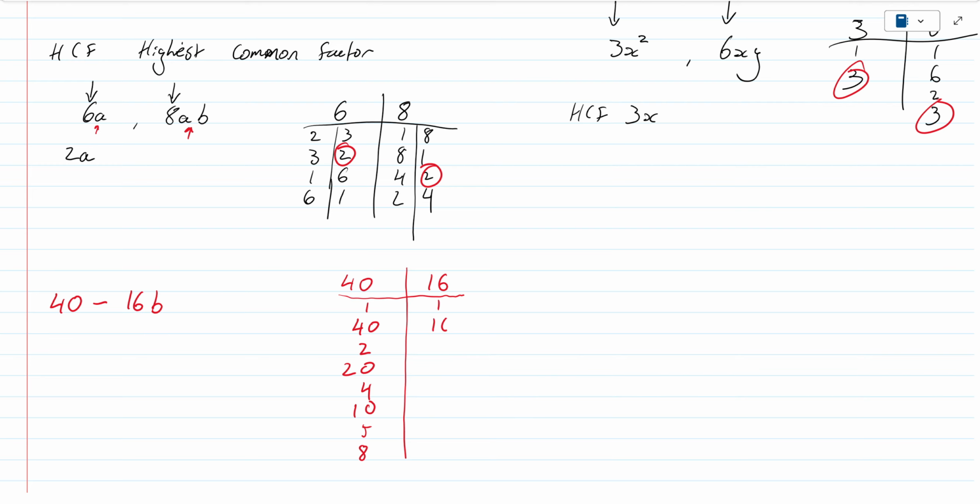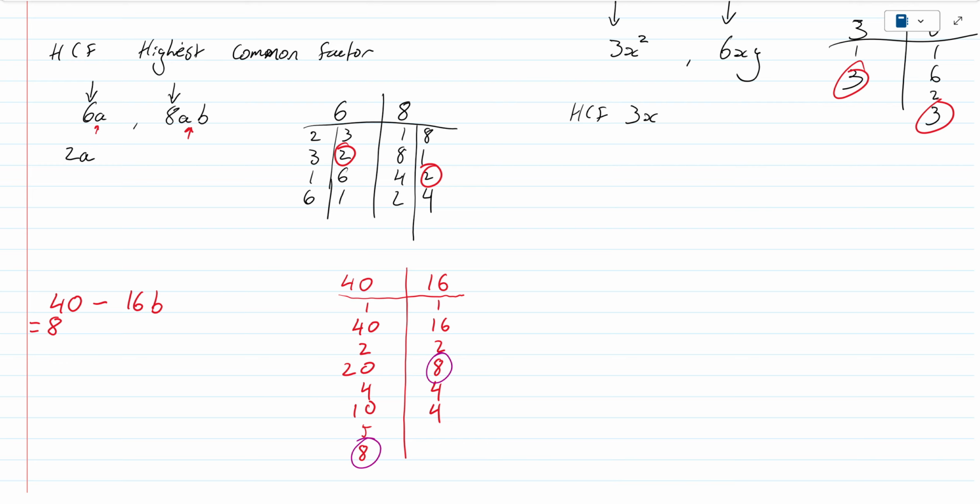For 16, we go 1 and 16, 2 and 8, or 4 and 4. So here we have 4 common factors, but only one of them is the highest common factor, and that is 8.